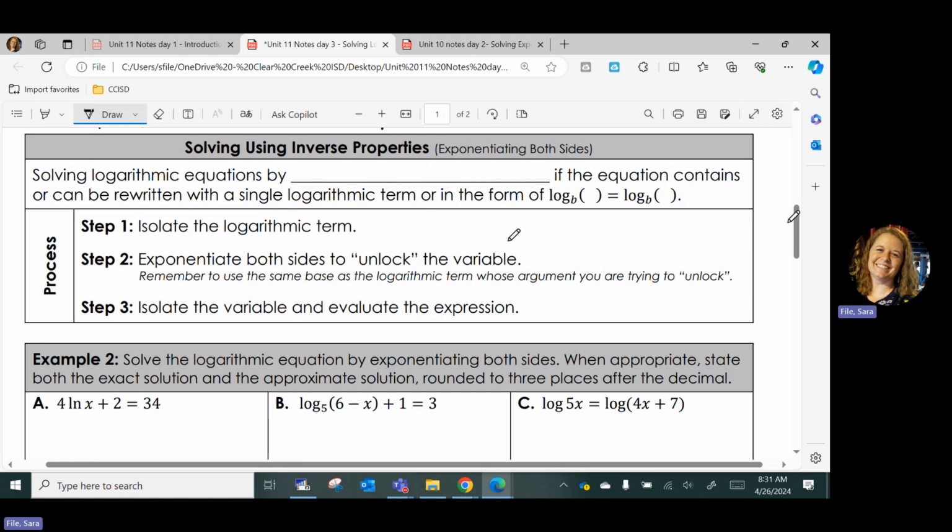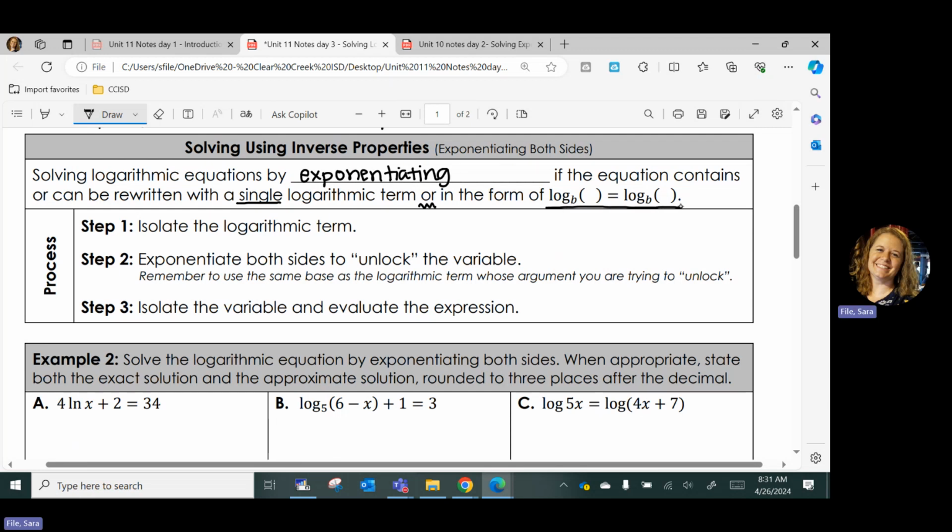So solving log equations by exponentiating works if the equation contains or can be written with a single log. So when there's a single logarithm, you can use this method, or if it's written in the form we just talked about.